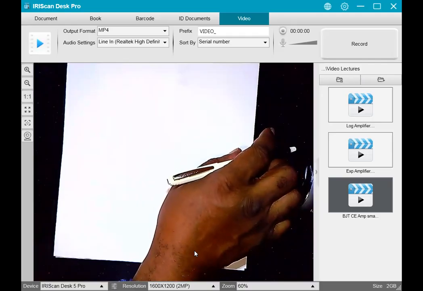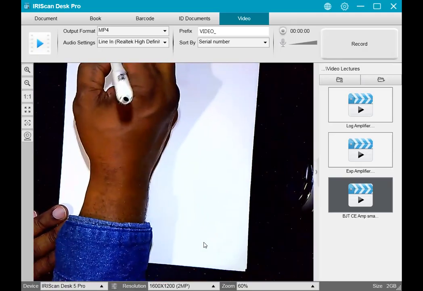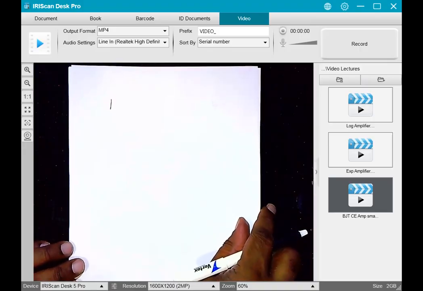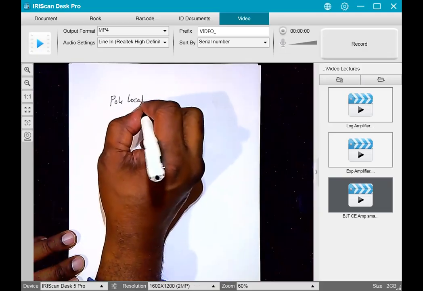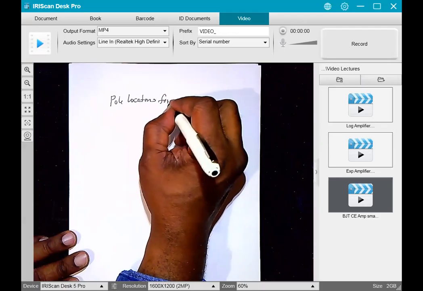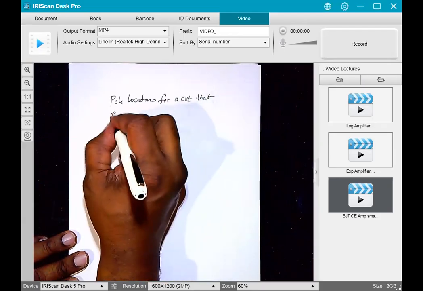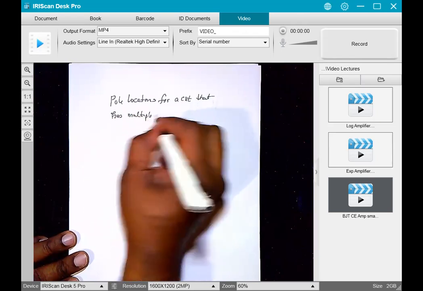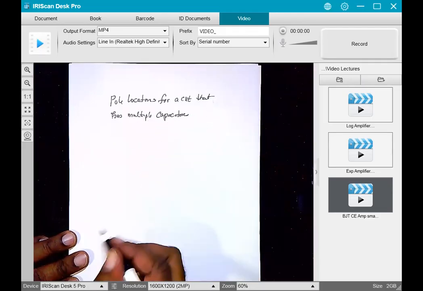Okay, let me redraw this and then we'll do, so how do we determine our pole locations? Pole locations for a circuit that has multiple capacitors. Okay.